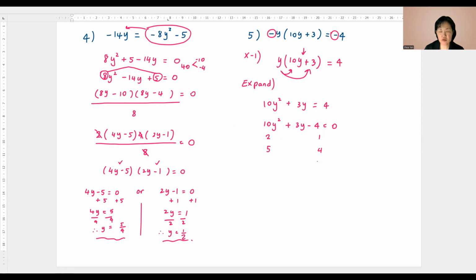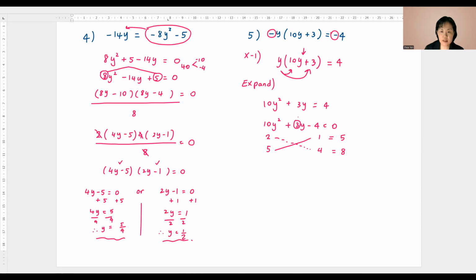You can try anything to see if it works, because when you add, you have to have a positive 3. So I'm going to times this together, it'll be 5. I'm going to times this together, 8. Okay, looks pretty positive to me, because 5 and 8, when you take away, you will get 3, and when you times it, -4.